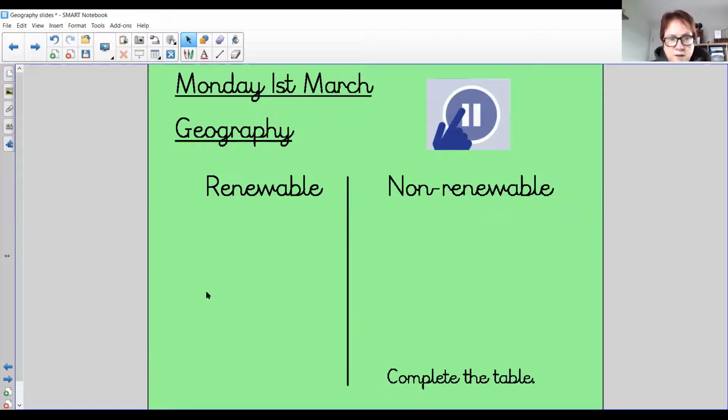So hopefully you've got 2 columns of renewable and non-renewable. And we are going to put this into our book. I'm just going to show you what it could look like, hopefully. Let me make sure I get the right page to show you in my book before I do the camera.